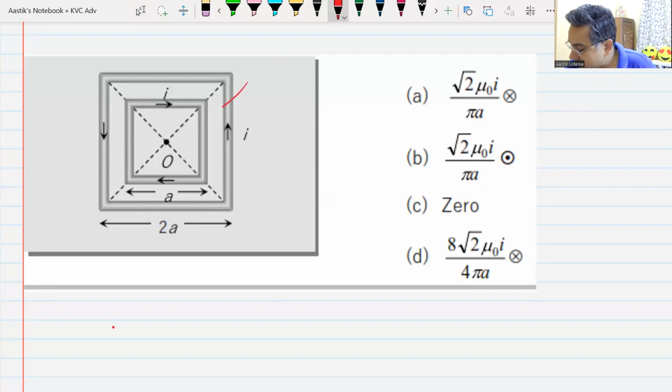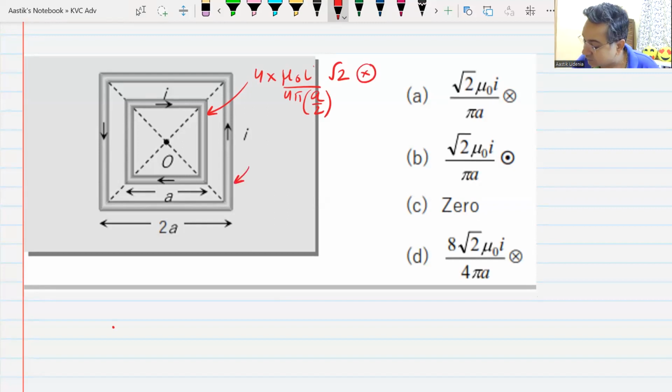What is the magnetic field due to this one? 4 multiplied by mu naught I by 4 pi, A by 2 root 2 into root 2. What is the direction? It's inside, sir. What is the magnetic field due to this one? 4 into mu naught I by 4 pi A into root 2.